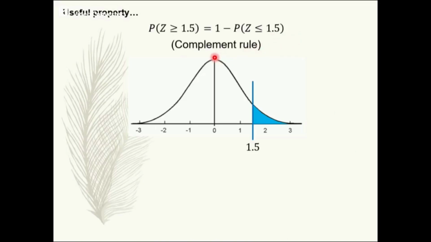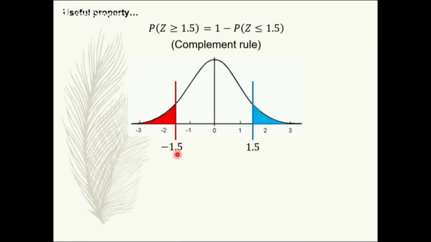Remember, this distribution is symmetric at the value 0. So what if I reflected this region? The reflection of this blue region is this red region. Because of symmetry, the value in that position is minus 1.5.